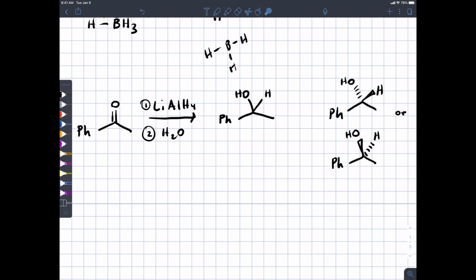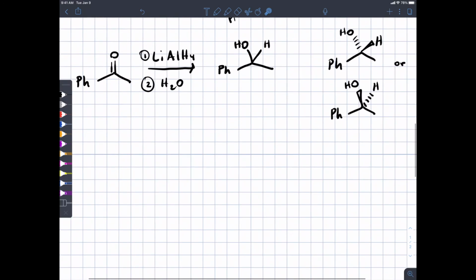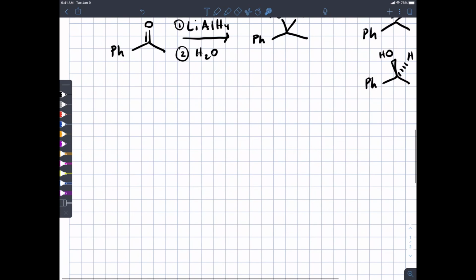Okay. Yeah. Now, not using dashes or wedges can cause you problems. Let me give you an example. Suppose, I sort of made this up last hour, but suppose you want to do the reduction of this ketone.